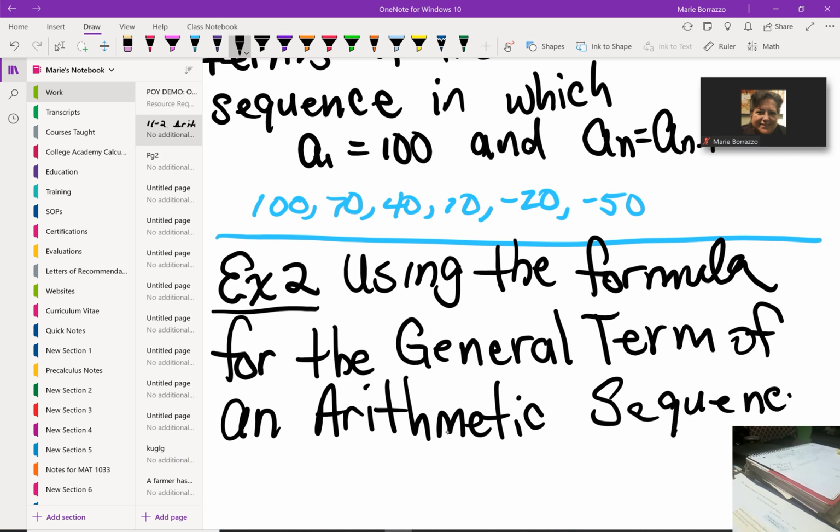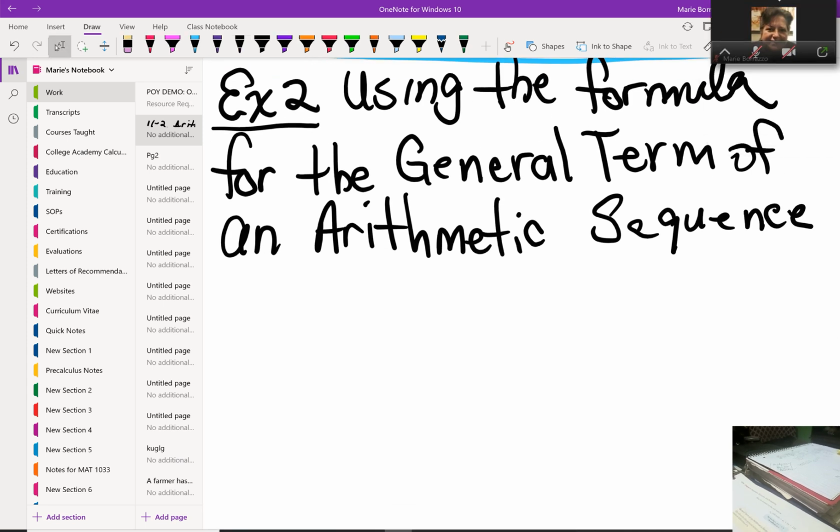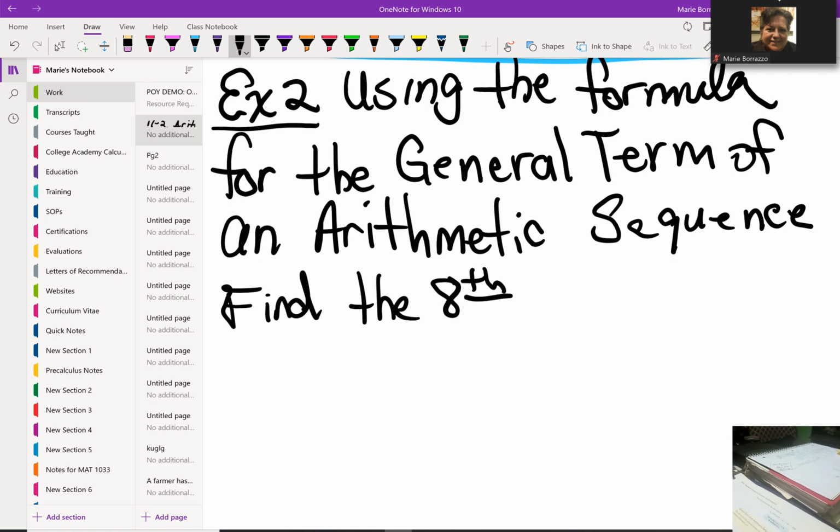And so what they're giving us here is a question where it says find the 8th term.